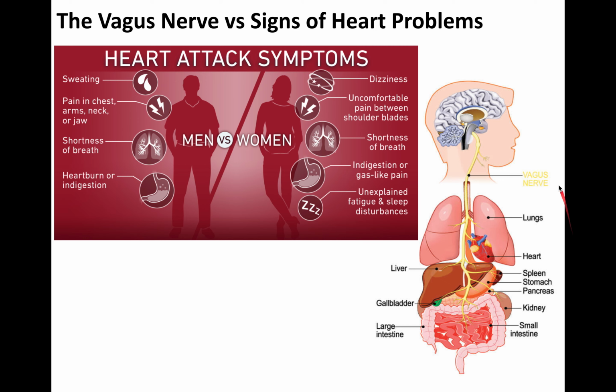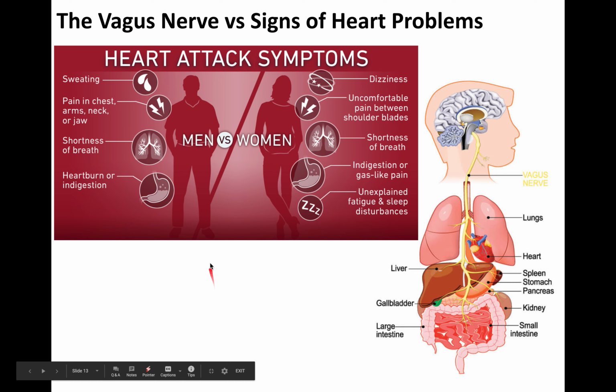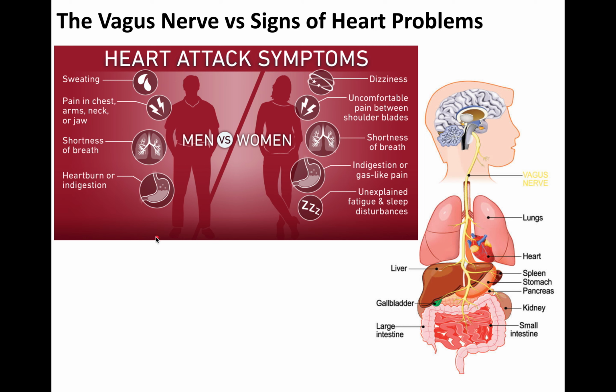So that's just why I like to point out the vagus nerve is part of the reason why some symptoms of heart attacks aren't exclusively chest pain and numbness on one side. It can be as simple as, for some people, heartburn or indigestion.